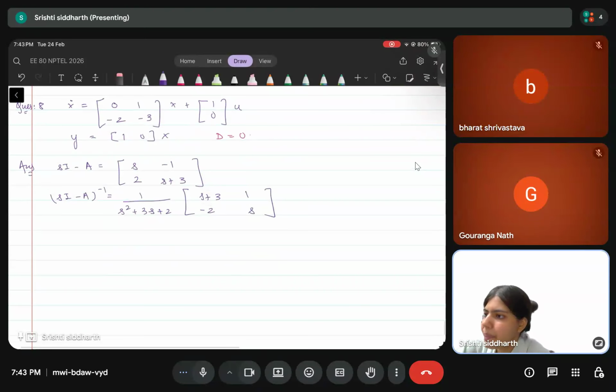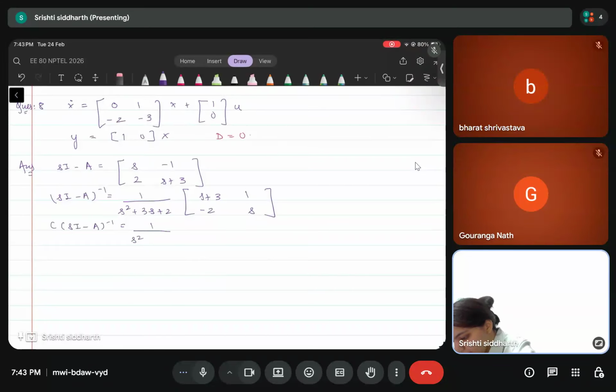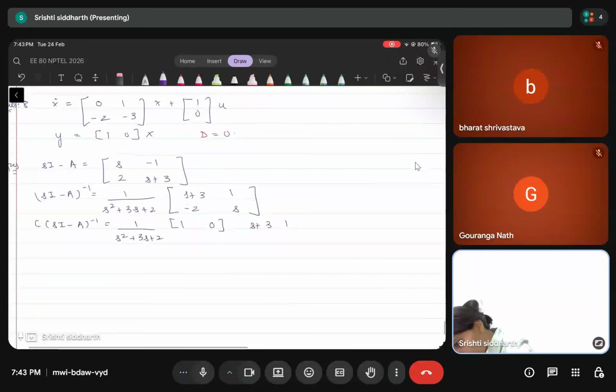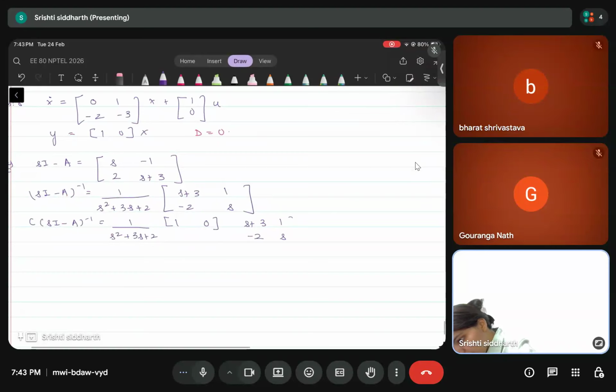Okay. C(sI minus A) inverse. This is 1, 0, simply s plus 3 and 1.